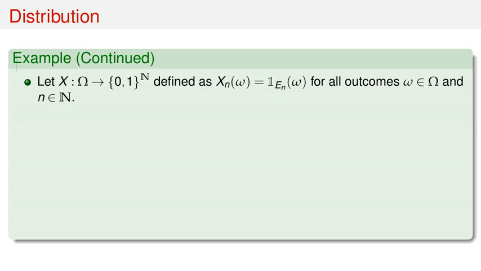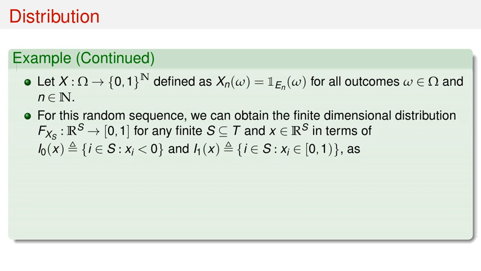Continuing this example, let X be a random sequence from Ω to the set {0,1}^ℕ, defined as X_n(ω) equals the indicator of E_n for all outcomes ω and all n in ℕ.